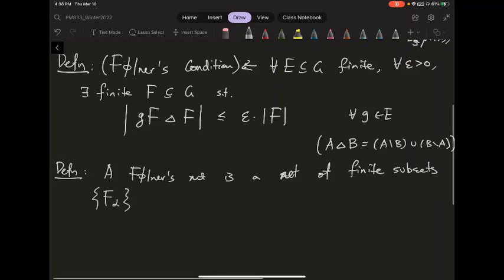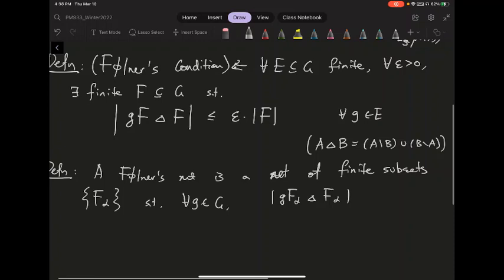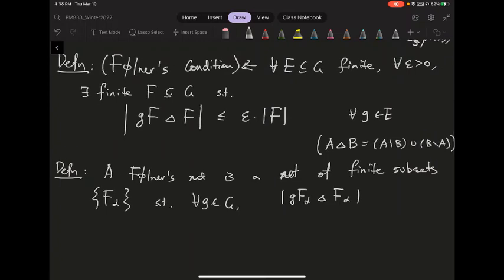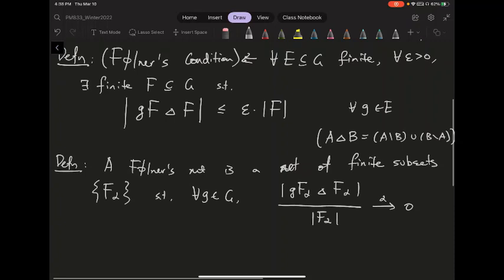Each F alpha is finite, so that for every g inside G, if I take the translation g F alpha and take its set difference with F alpha, and divide by the size of F alpha, that's going to be small. I want this ratio to go to 0 as a limit along this net. If I can find such finite subsets, then I say this is a Følner net.